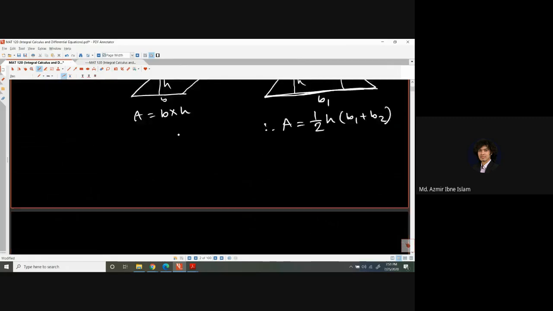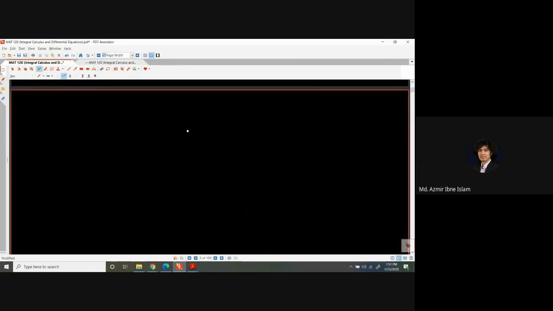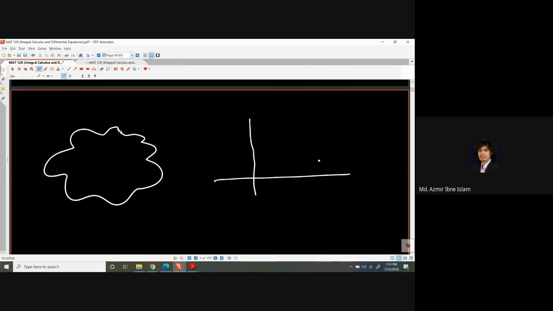But now suppose we have a different shape that is not a rectangle, or that does not go with the common shapes. Or suppose we have a function that is going with this curve. Okay, it is the function.